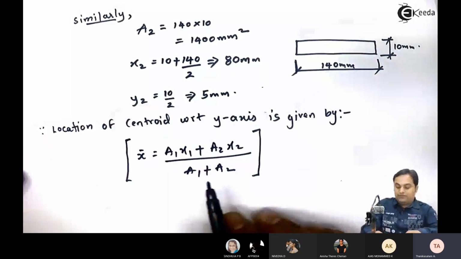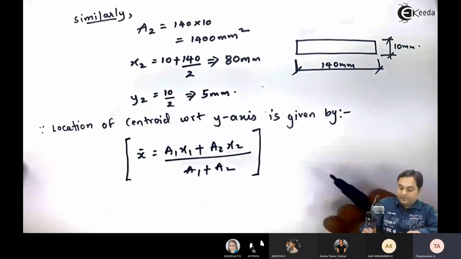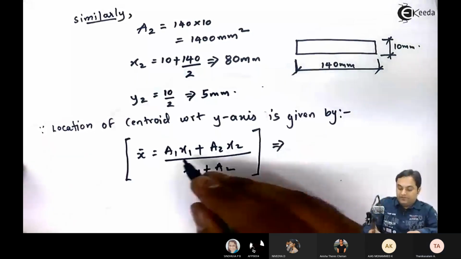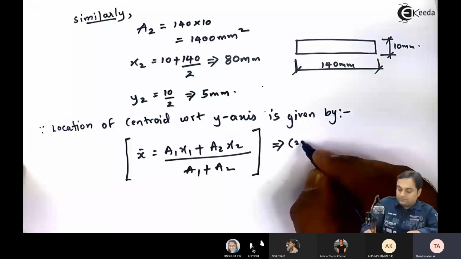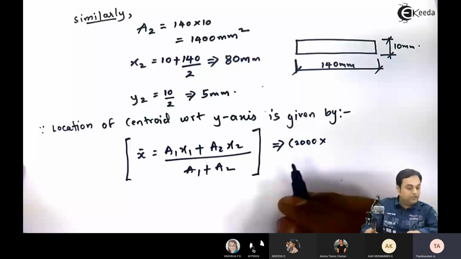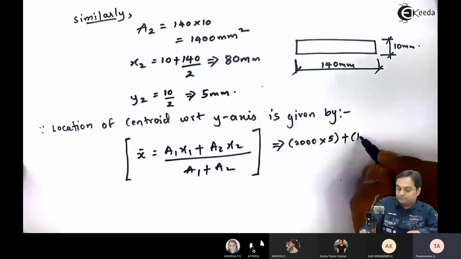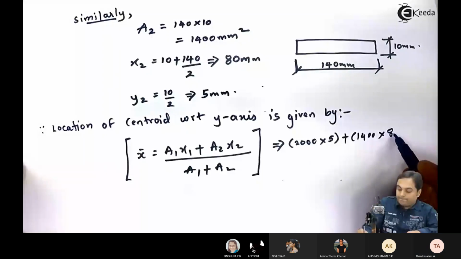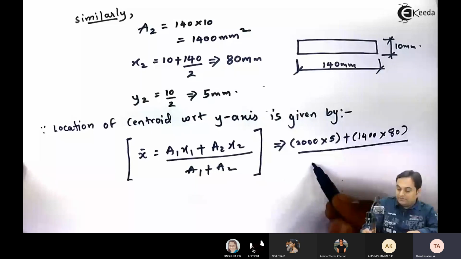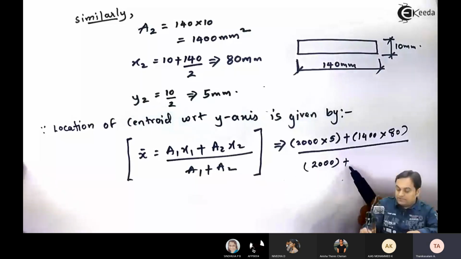Now I put the values: area 1 is 2000 into x1, x1 was 5, plus area 2 that is 1400 into x2 that is 80, divided by area 1 plus area 2 that is 2000 plus 1400.